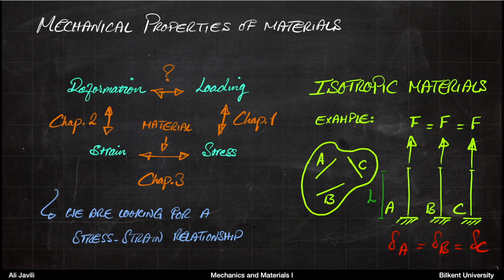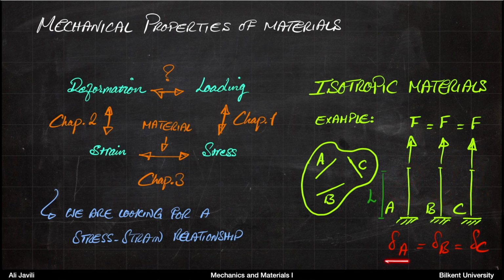So here, for instance, the force F. Then for each of them, if you calculate a displacement, this would be delta A, this would be delta B, and this would be delta C. So this would be the change of length for directions A, B, and C.